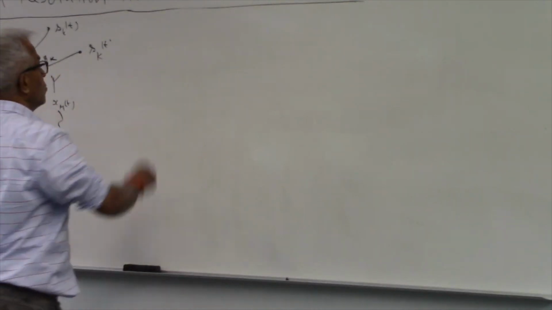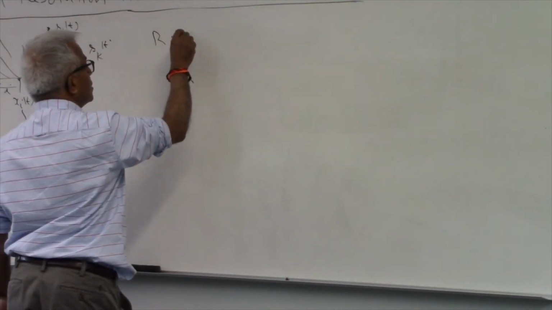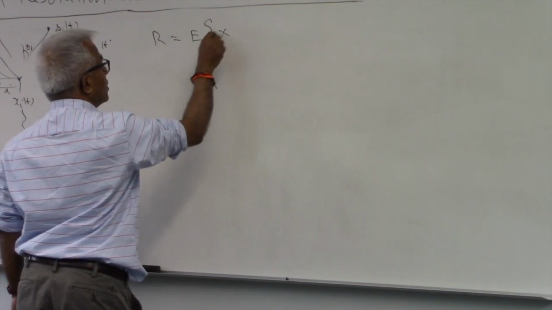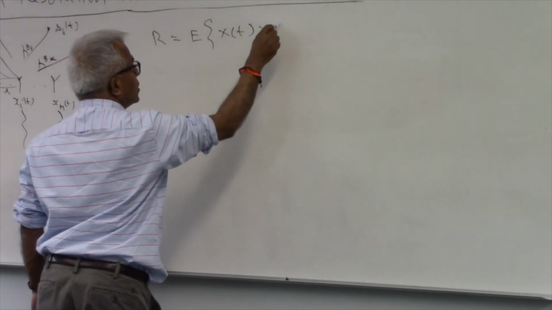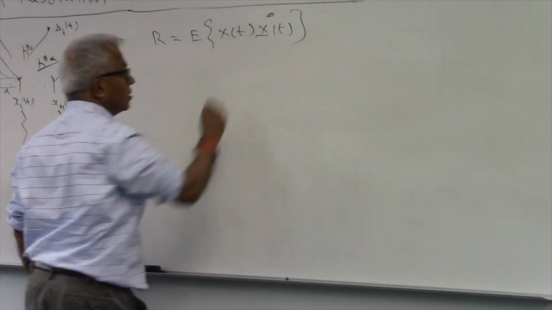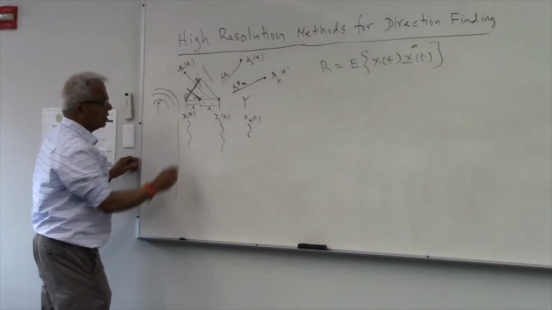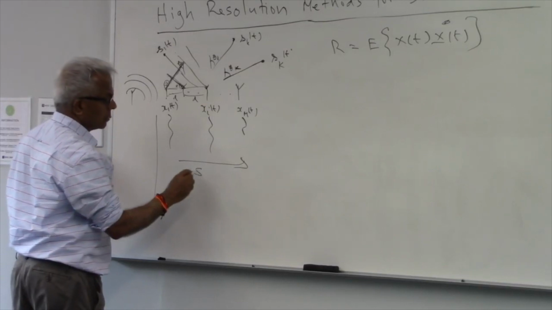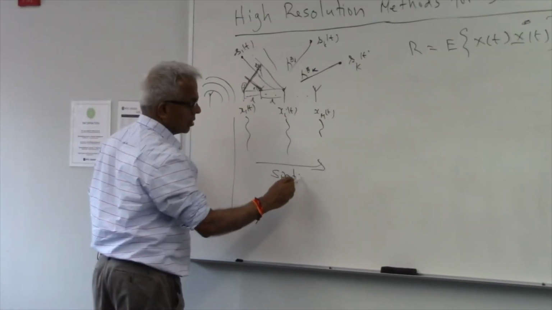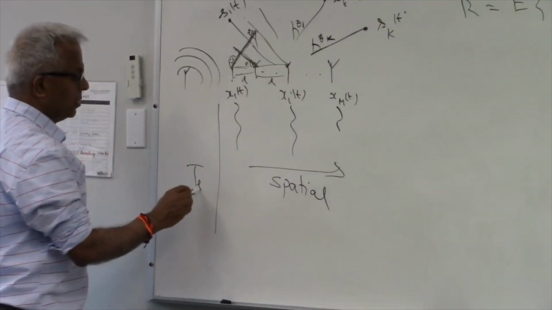So let's look at the covariance matrix of this. That's the expected value of x of t, x of t star. So hold on, do you understand what is happening? You have spatial here, and you have time here.